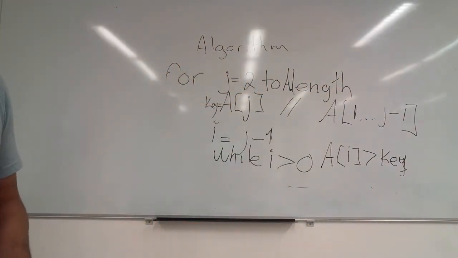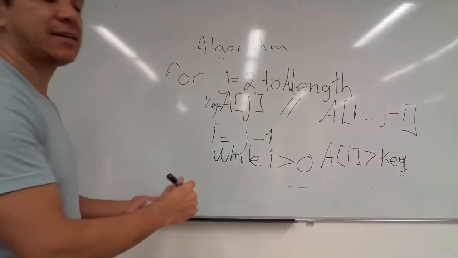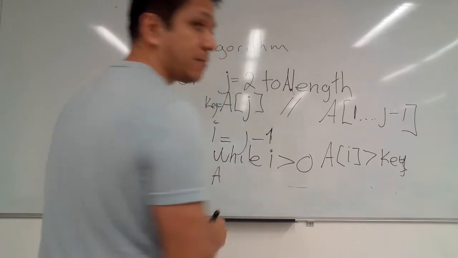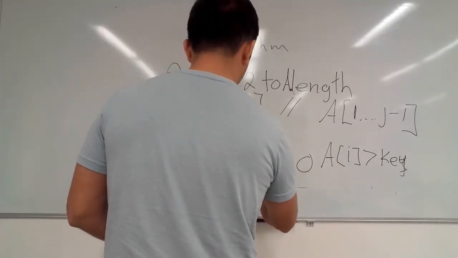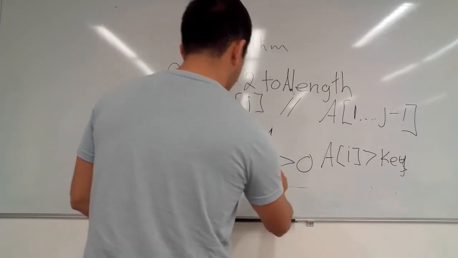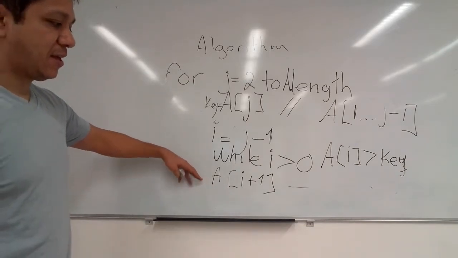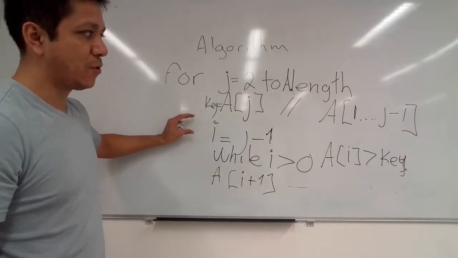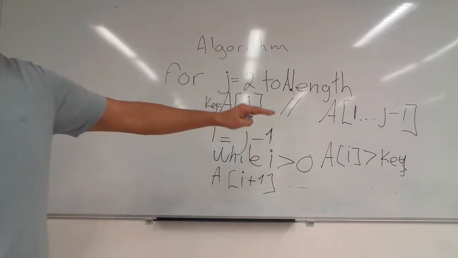If we have this, well, we can say that A[i plus 1] is going to be A[i]. In this part of the section is when the number goes further one step. This is when it starts to jump in.